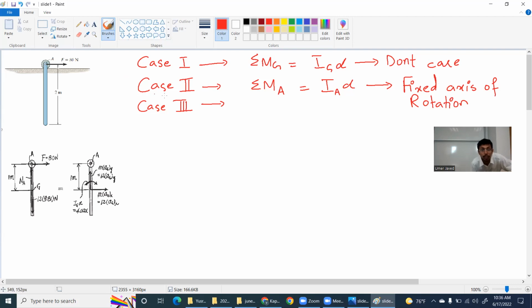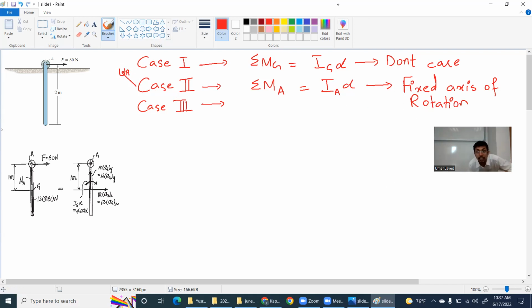For case 2, you can remember the example that I did, a rigid rod. What was the axis of rotation for the rigid rod? It was this point A, so I was doing summation of moment about A equal to IA alpha. This is a point of rotation, but it is also a fixed axis of rotation. This is not going anywhere.